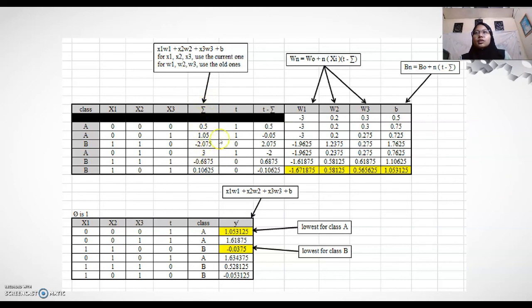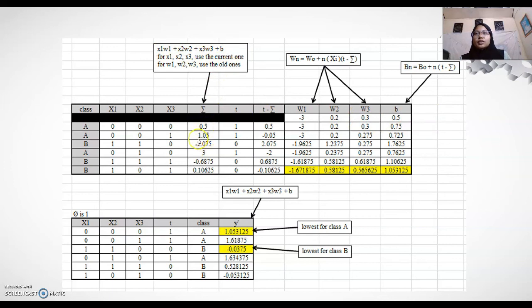To calculate the value of sum, we have to finish the row here and then we can calculate the sum at this row. We substitute the values of w and b into this formula and then we get 0.5.